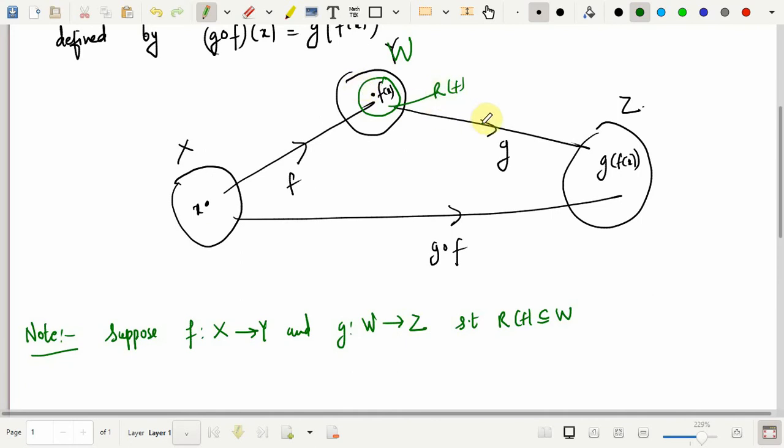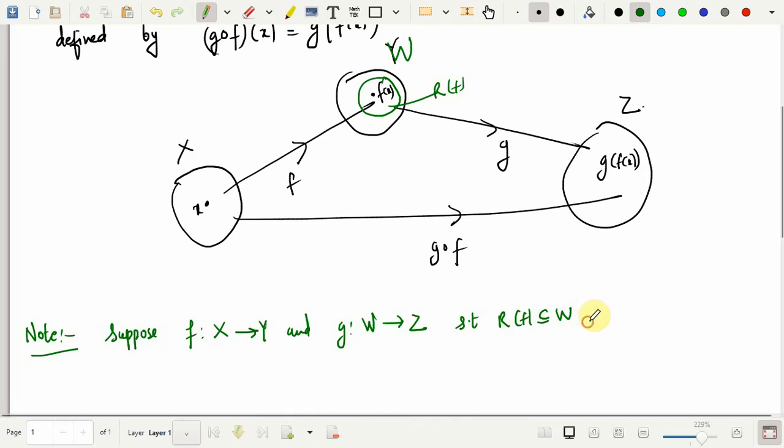Okay, so g might be taking elements of W which lie outside the range of f to Z, but this g composite f takes the element x through f to Z through g, and so we are not bothered about what is happening to the elements outside the range of f. Okay, so even if the range of f is contained in the domain of g, we can define the composition.